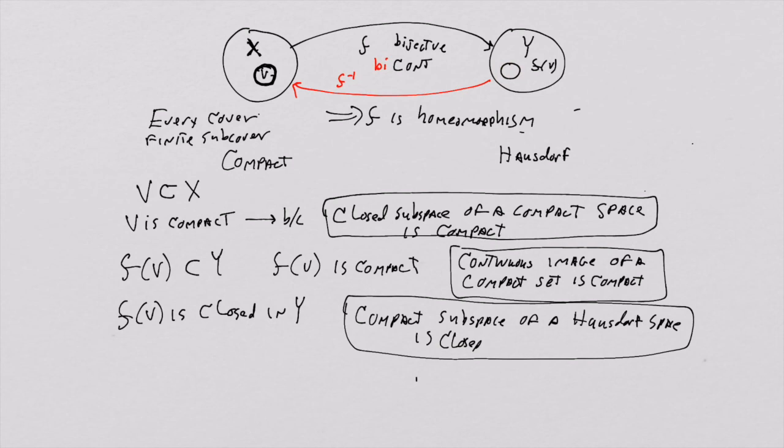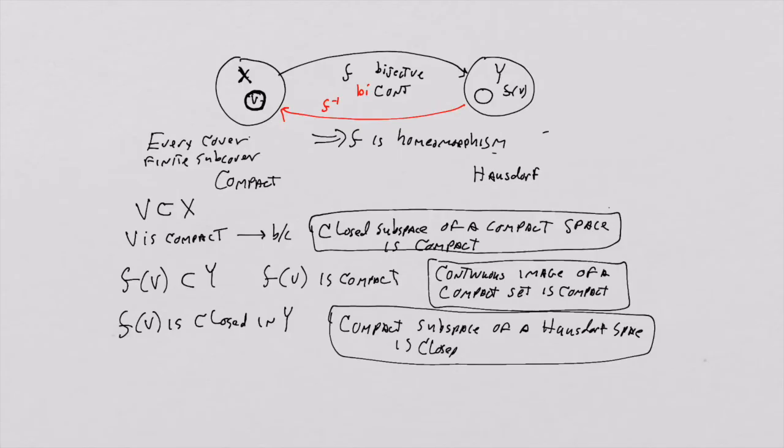So we know that. And then lastly, what does that mean? Remember what our goal was. Our goal is to show that F inverse is continuous. The continuity of F inverse is going to be driven by F and how F handles closed and open sets.